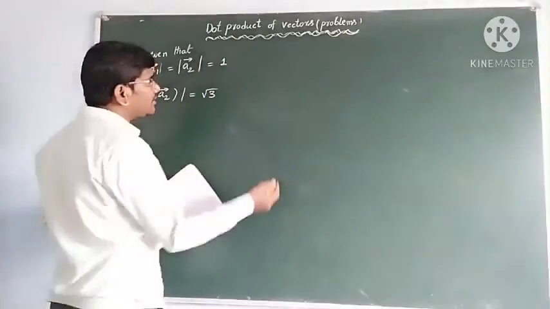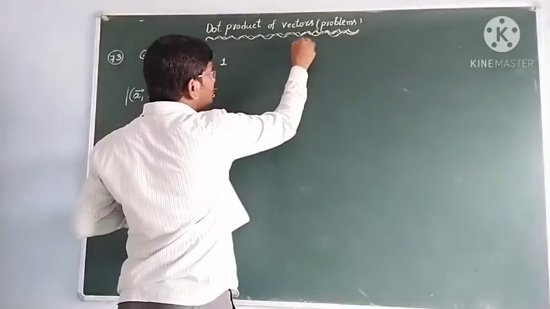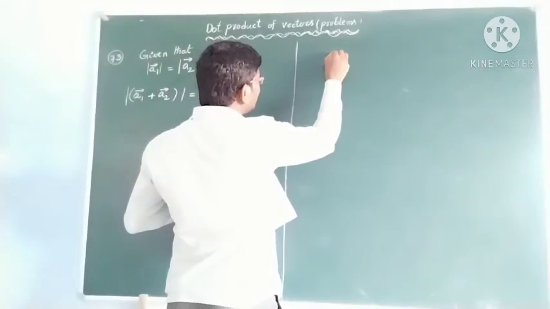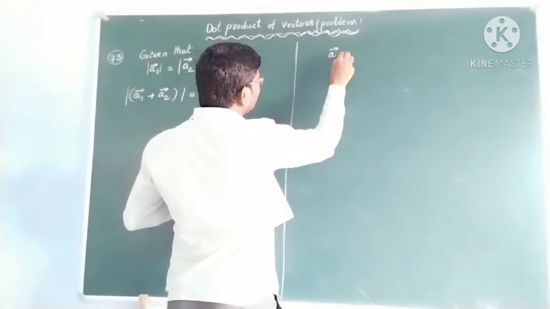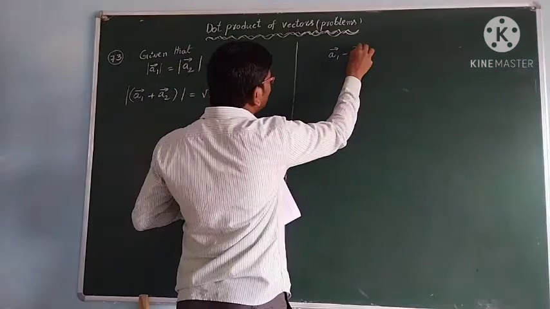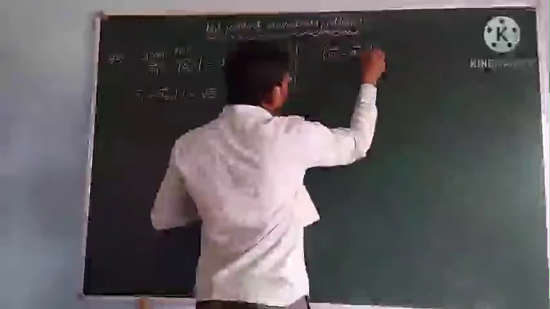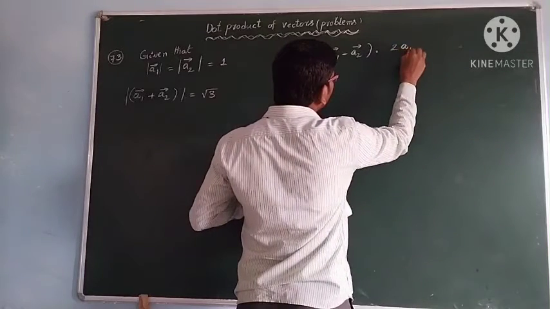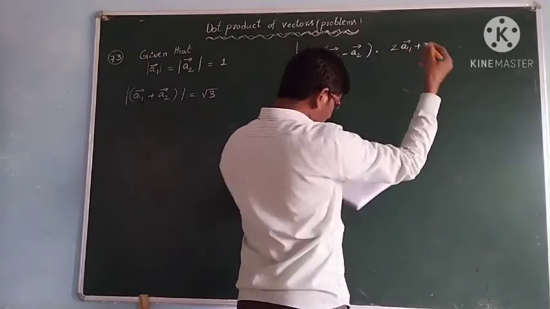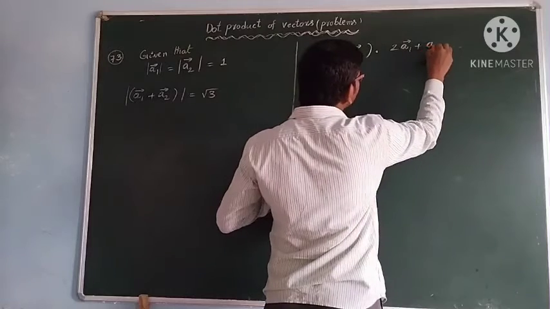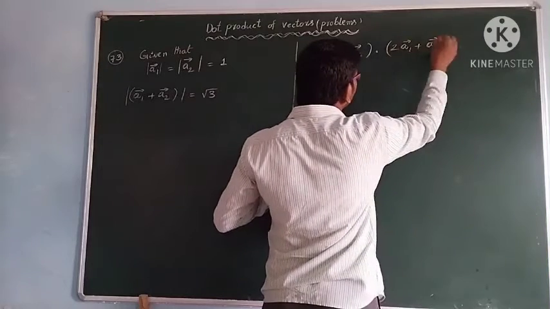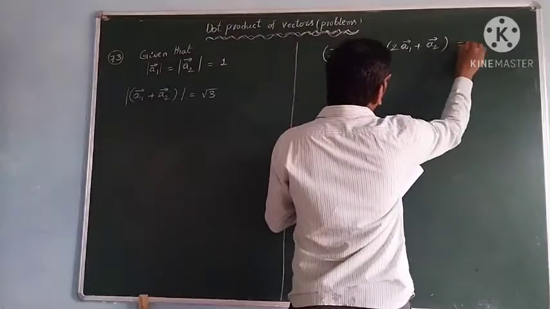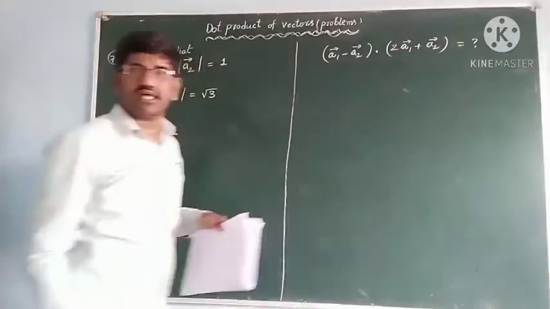Then find the value of A1 bar minus A2 bar, dot product with 2 into A1 bar plus A2 bar. It's a dot product, we have to find it. So what is the value? This is the question they have given for us.